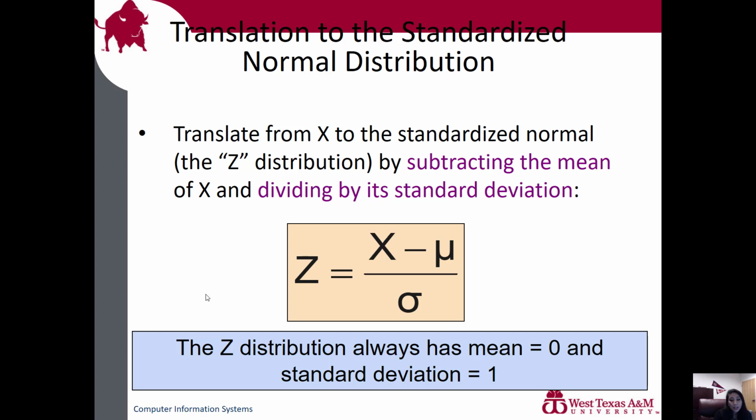So you would take 115 minus 100 divided by 15, and you would get a z of 1. So the z distribution always has a mean of 0 and a standard deviation of 1. And with the z of 1, we know that you have scored 1 standard deviation above the mean.